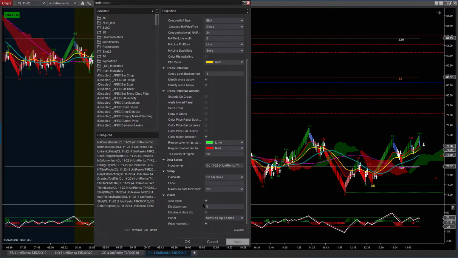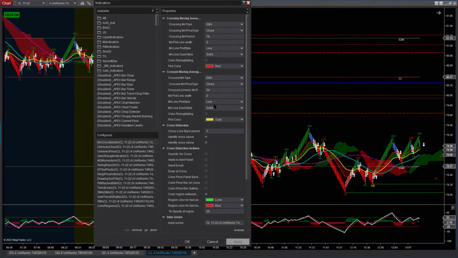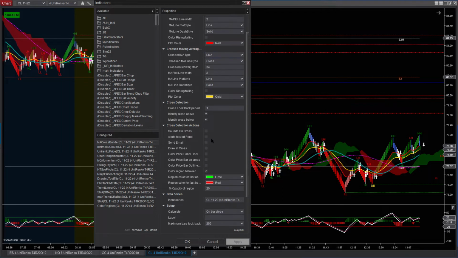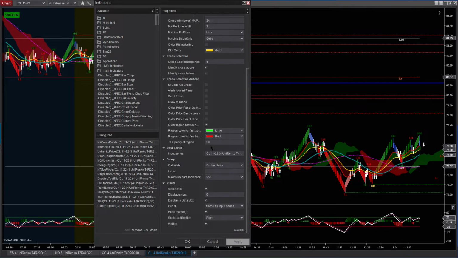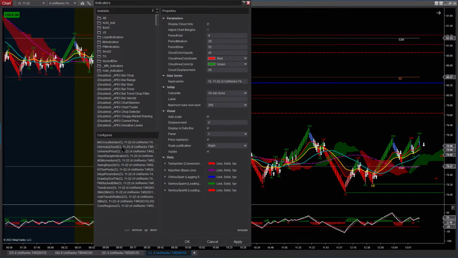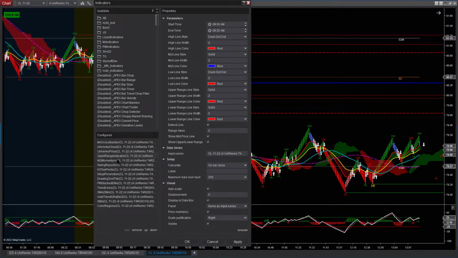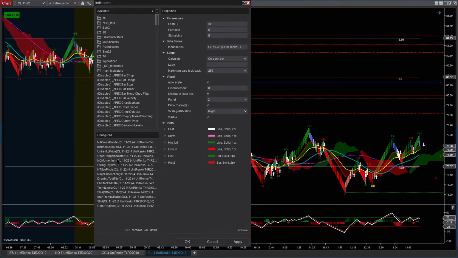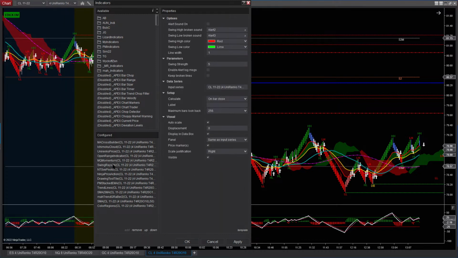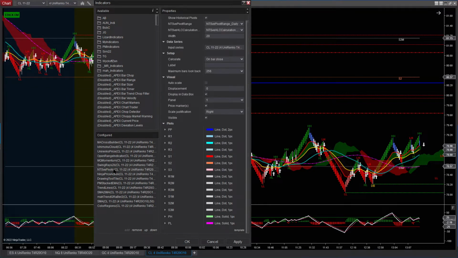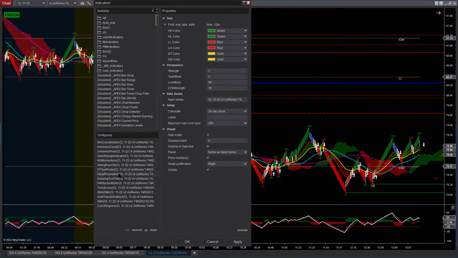To deactivate, you go there where this one is deactivated. Visible, not visible. So I'm going to take that one. I'm going to leave the Ichimoku cloud, the Renko price, the opening range, and then Q momentum and pivots. I'm going to leave them there.